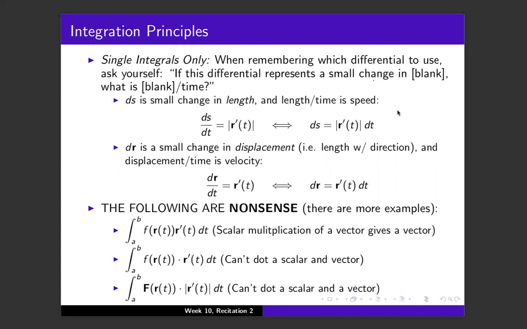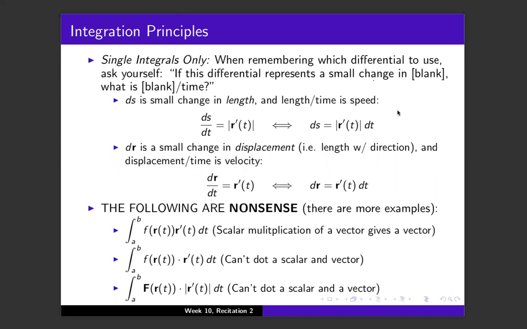So below, these are some of the many examples of nonsensical integrals that we have seen before in this class and when we teach this in person. For example, you can't take little f of r of t times r prime, because that would be a scalar times a vector, which is technically allowed, but that would give you a vector.